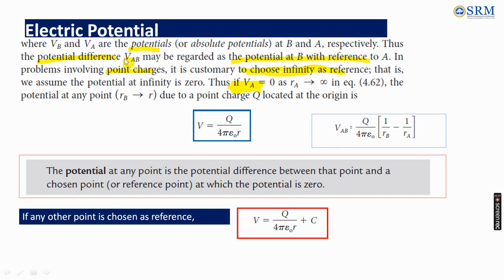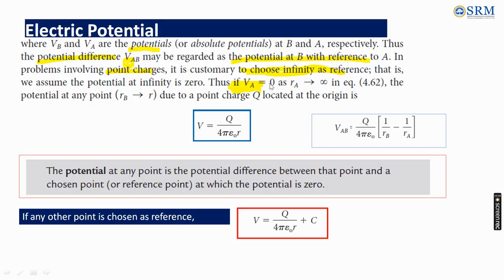Potential difference VAB can be considered as the potential at B with reference to A. In most of the problems where point charges are involved, we are going to choose infinity as a reference.